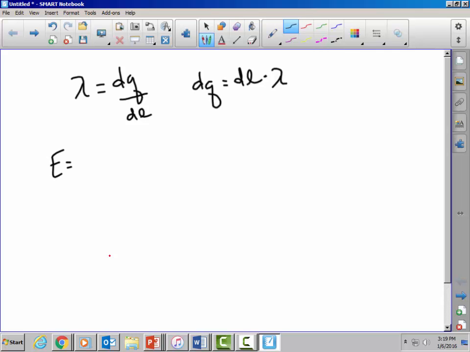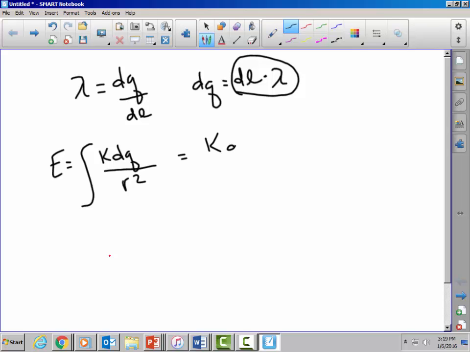So our integral for our electric field, and this is going to be important, is this formula, right? But we're going to substitute this in for our dq. Let's do lambda first, just to make it a little cleaner.